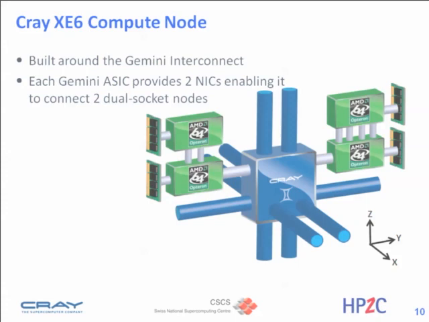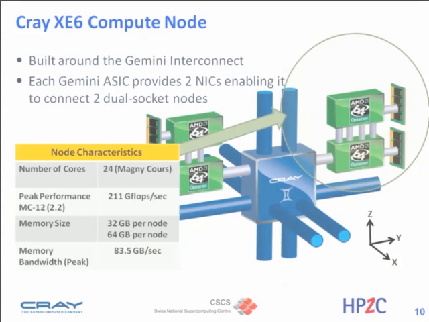Each of these is a node, and each node is composed by two sockets. Okay? The nodes feature 24 cores. So you have to think of this number, 24. If you want to run an OpenMP application, a parallel application on the node, you can run up to 24 threads, because this is the number of cores available on the node.